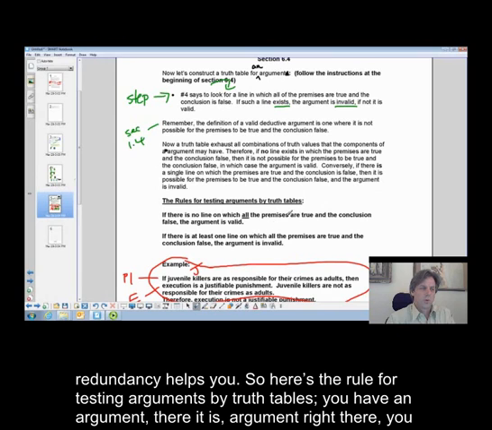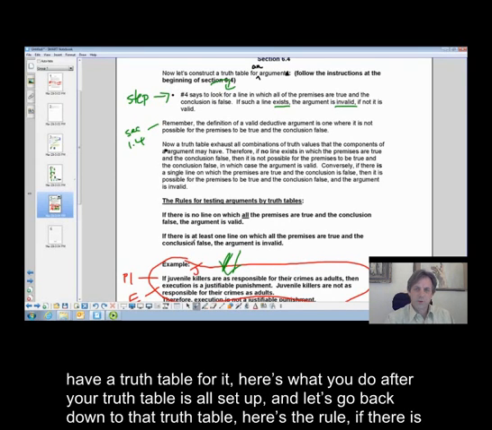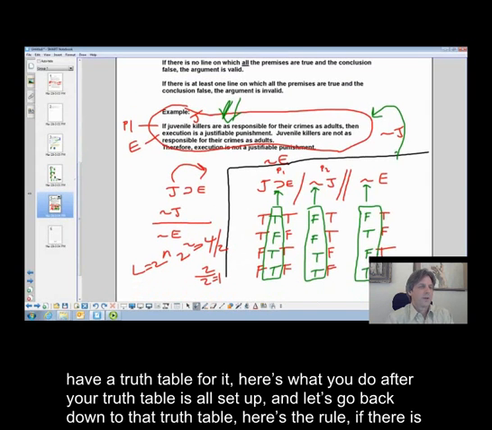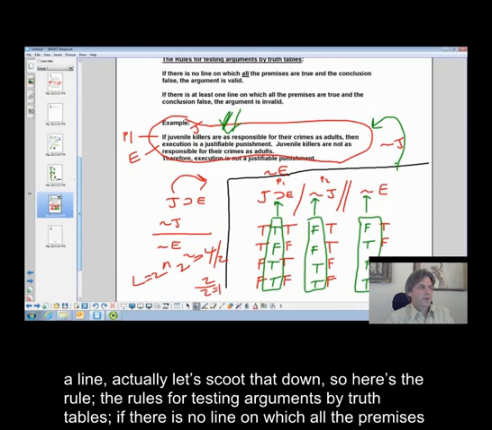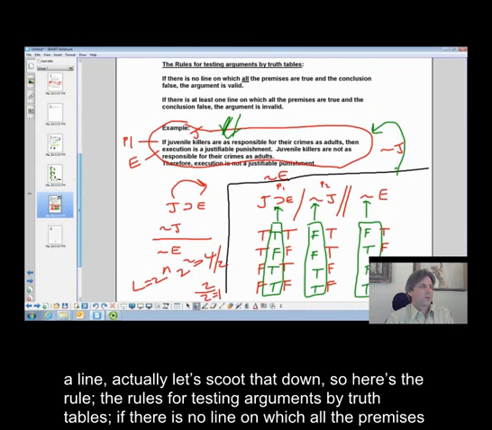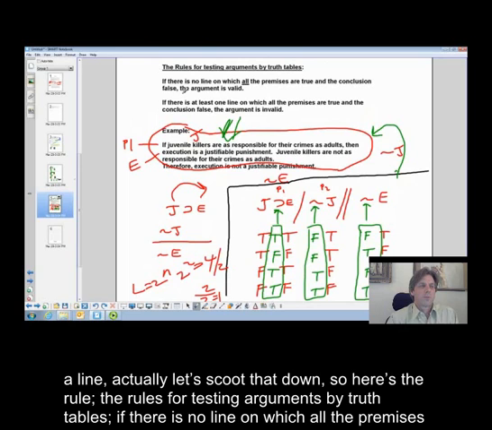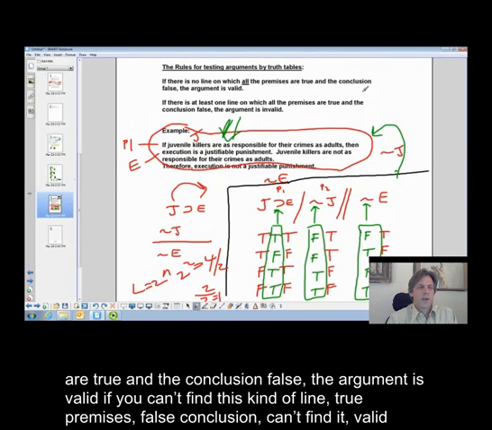So here's the rule for testing arguments by truth tables. You have an argument, and you have a truth table for it. Here's the rule. If there is no line on which all the premises are true and the conclusion false, the argument is valid.